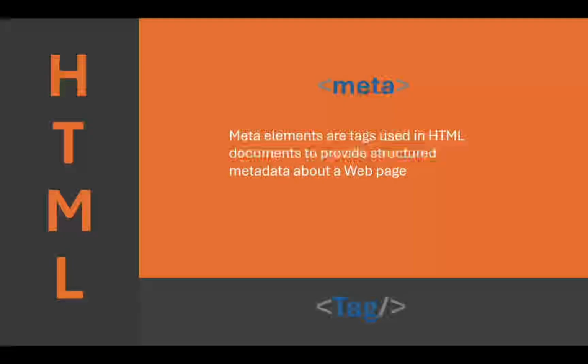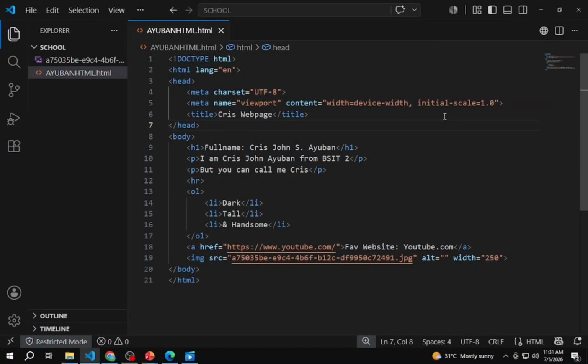So the meta elements are tags used in HTML documents to provide structured metadata about a web page. So let's go to our Visual Studio Code. As you can see, kanang gina-highlight mga na ang meta.